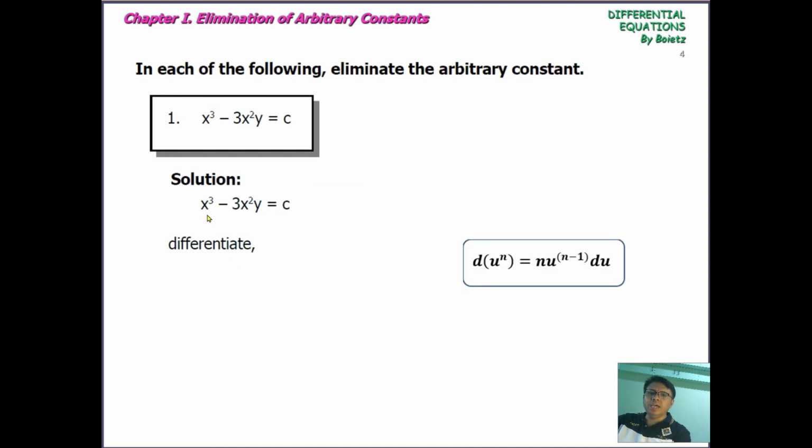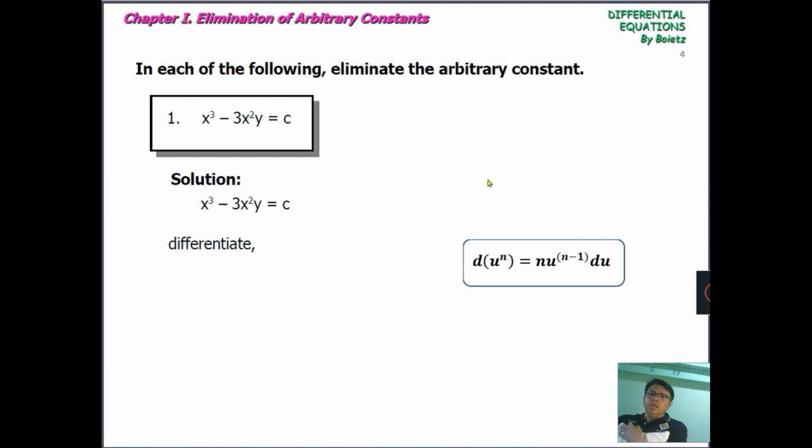Okay. So, here, I think if you will analyze this equation, so x cubed, so this one is a power formula, then this negative 3x squared y, I think this one will be derivative of a product and this one is a constant. So for power formula, derivative of u to the n is equal to n, u to the n minus 1 du.